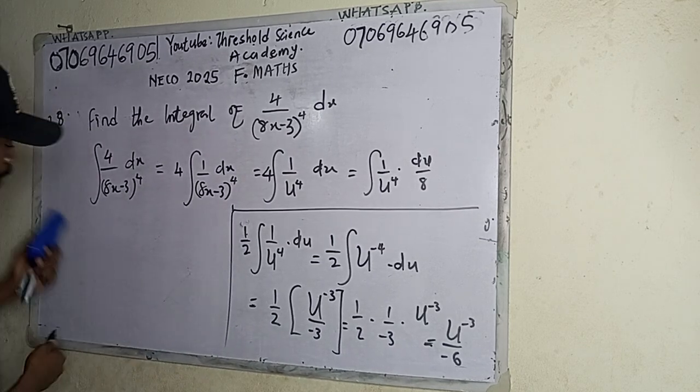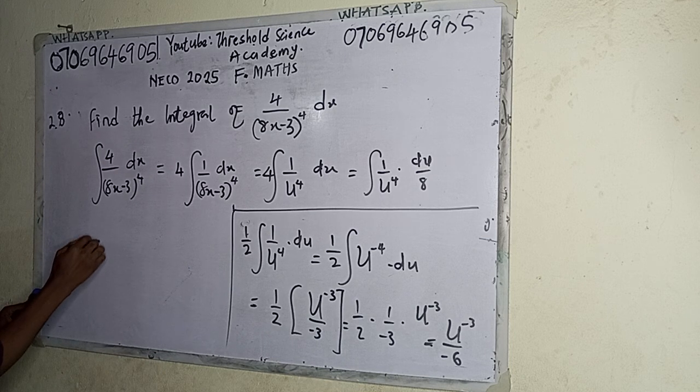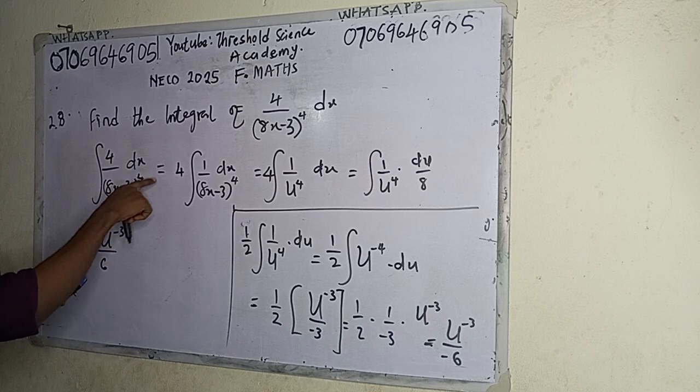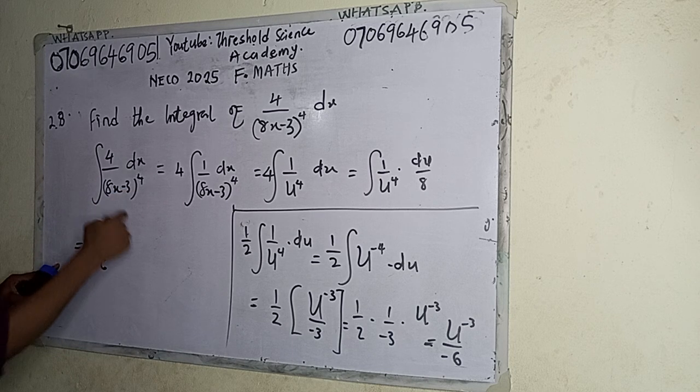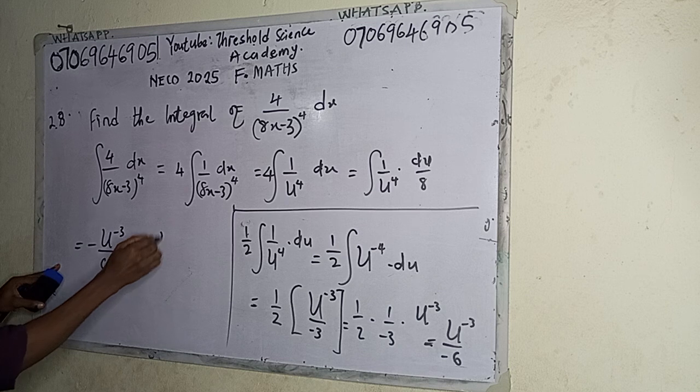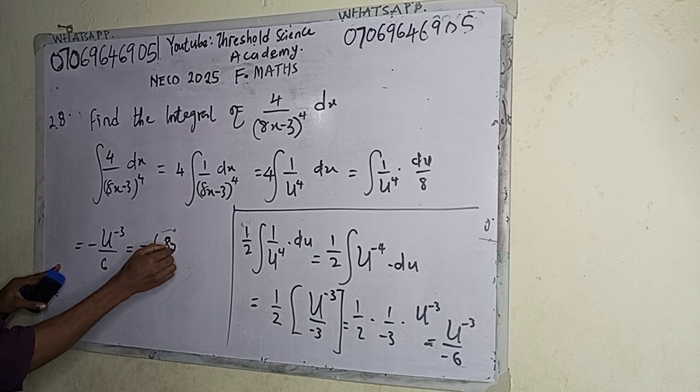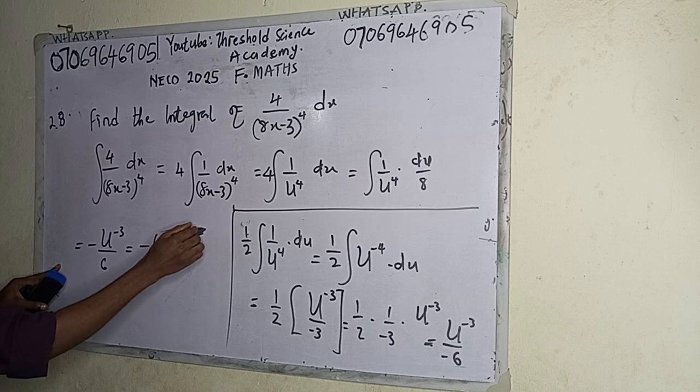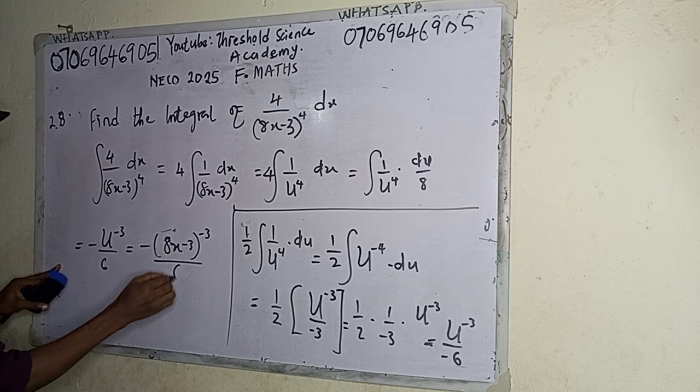We know that this can be written as negative u raised to the power negative 3 all over 6, right? But recall that u was what? 8x minus 3. All right, so it's going to be minus (8x minus 3) raised to the power minus 3 all over 6.